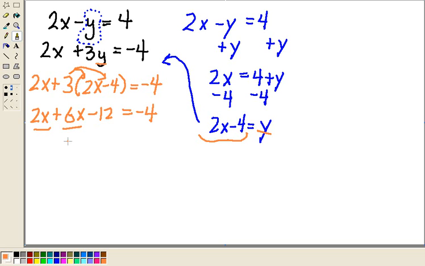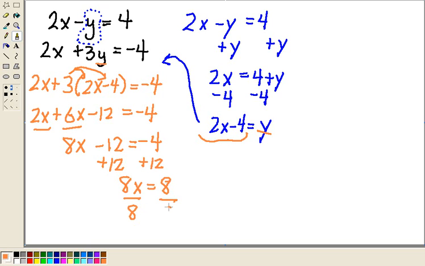I've got a 2x and a 6x, so they combine to give me 8x. Minus 12 equals -4. Next, I'm going to add 12 each side. I get 8x equals 8. And for my last step, I'm going to divide each side by 8 and see that x is 1.